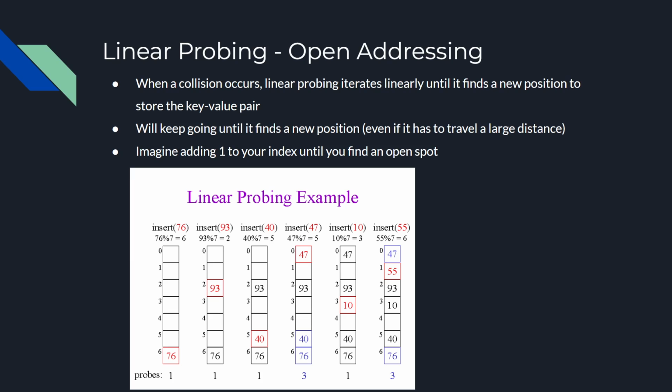You go down to the sixth value of 76, but that's occupied, so you keep going again until you find the nearest open spot. Notice how you'll loop around if you run out of spaces. Another example is when you try to insert 55 and hit the same problem, where you're trying to insert where there's already a value.